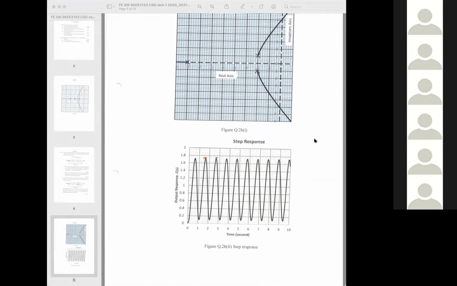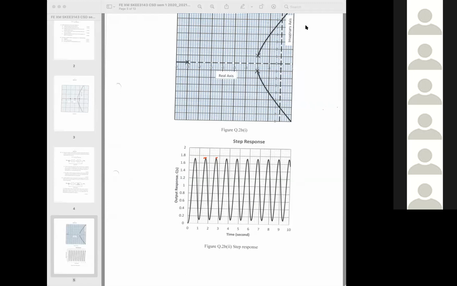Agree? Guys, do you agree? Yes, agree. It may be clearer in the second graph.